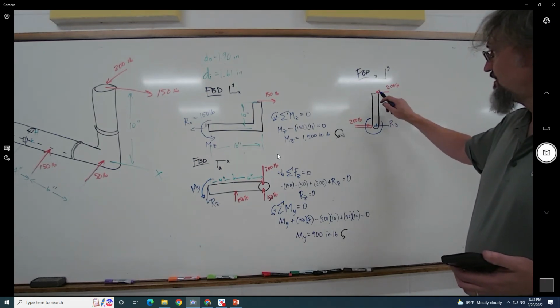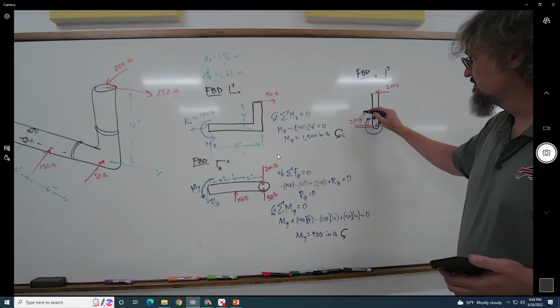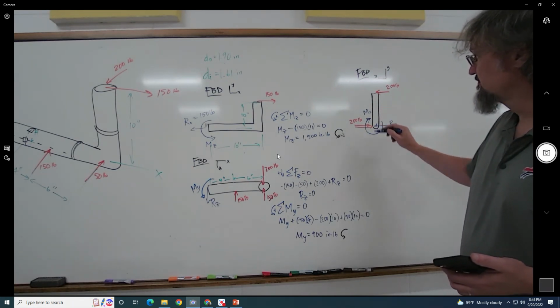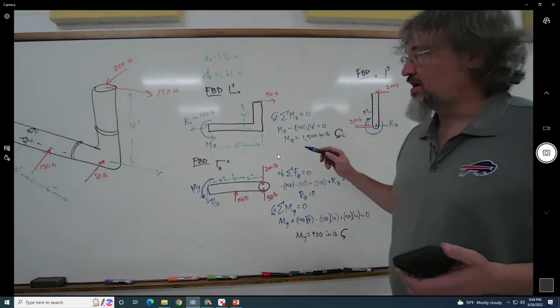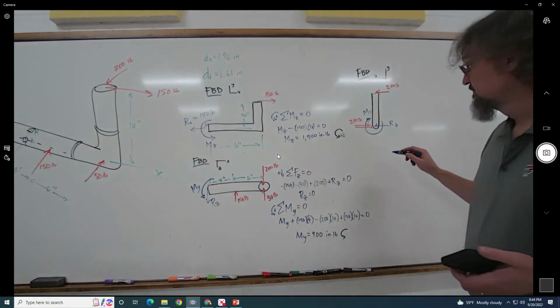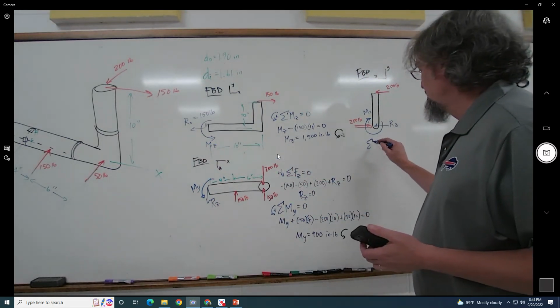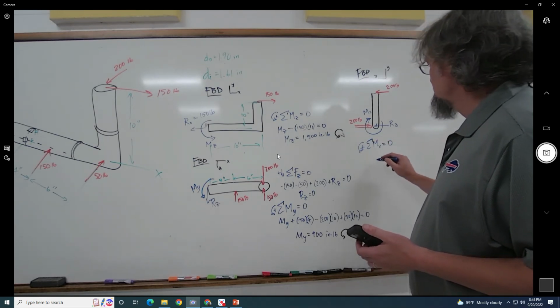Right. So this guy wants to go counterclockwise. So this one's actually going to go clockwise. So here's MX. Remember, that's special because it's aligned with the long axis. So that's also going to be the torque when we get done with it. So we could go sum of the moments about the x-axis, counterclockwise is positive.